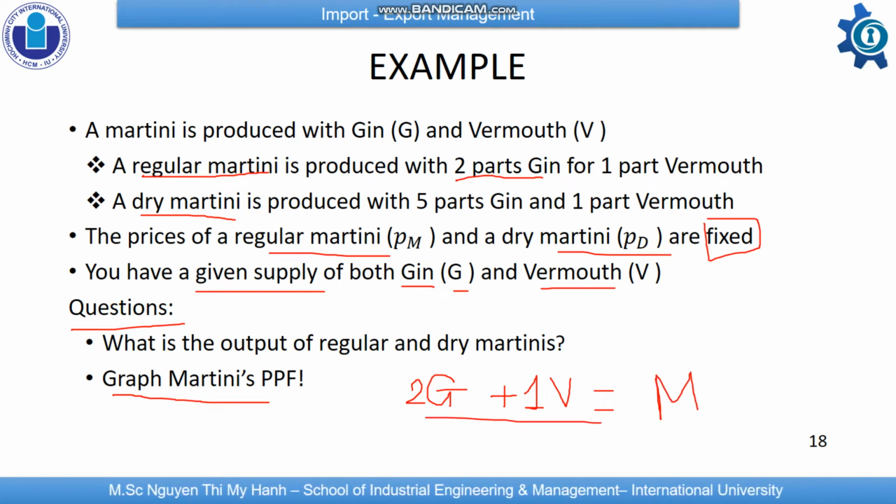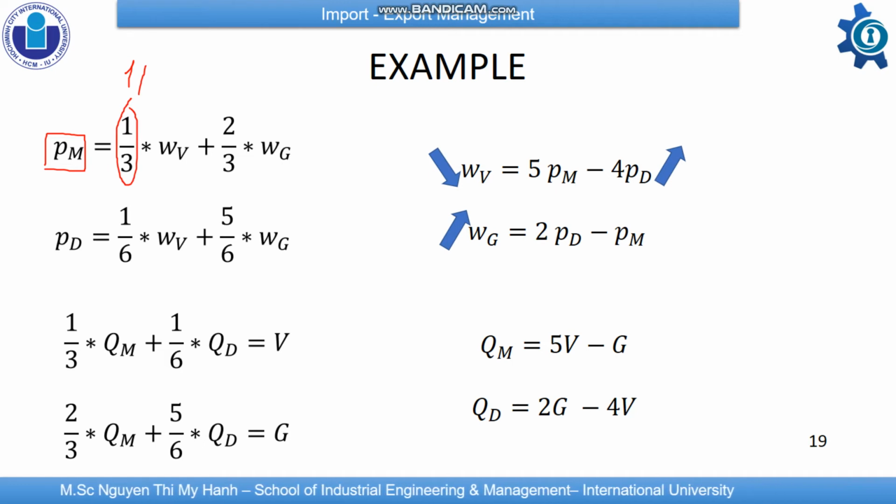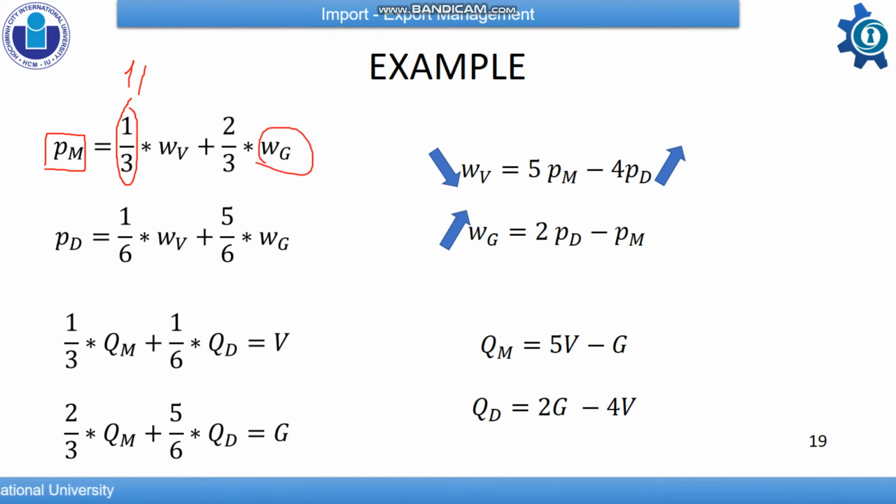So it means we need one third of the vermouth and two-thirds of the gin to make the regular martini. So that's why the price of regular martini is equal to 1 divided by 3.